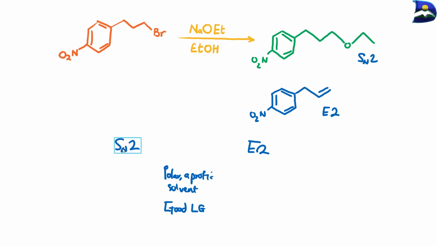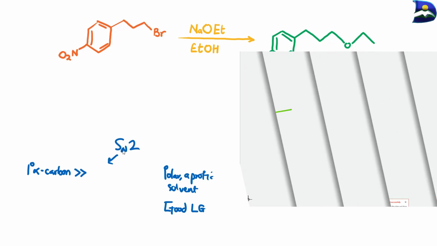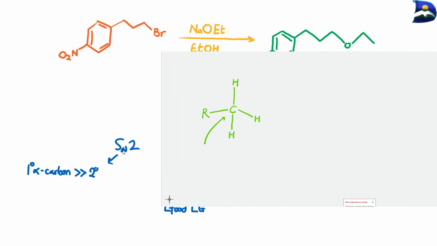However, the distinguishing factors between the SN2 and the E2, looking at SN2 first, is that SN2 depends heavily on using a primary alpha carbon, and this is way more favorable than a secondary alpha carbon.